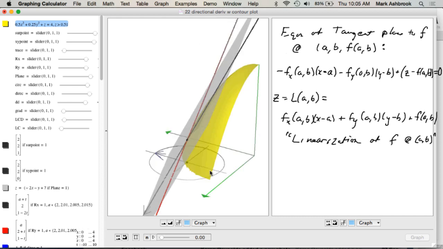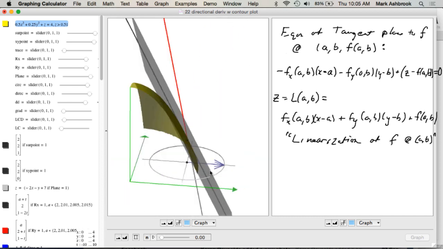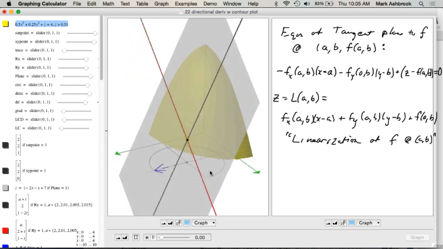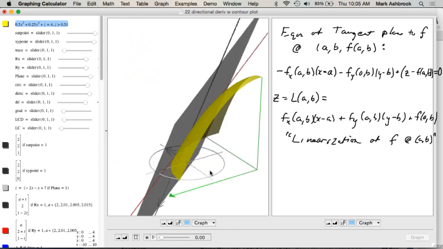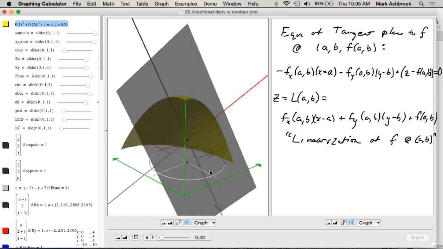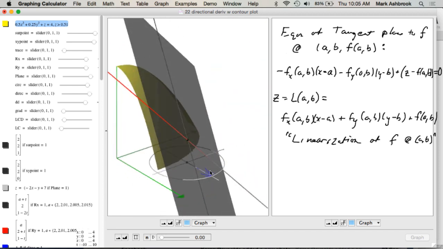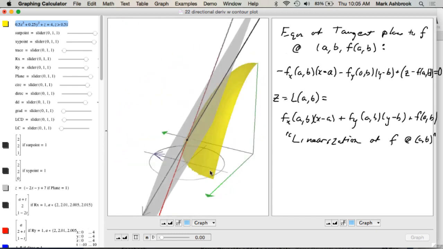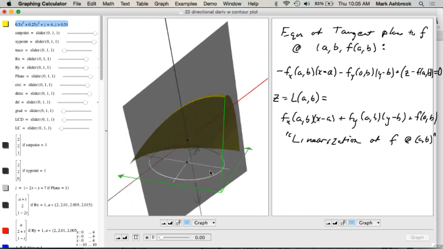And that should make sense, right? If you're really close to that point of tangency, in some small circular neighborhood around (a, b), the tangent plane and the surface are going to be very, very close, especially if your neighborhood is very small.